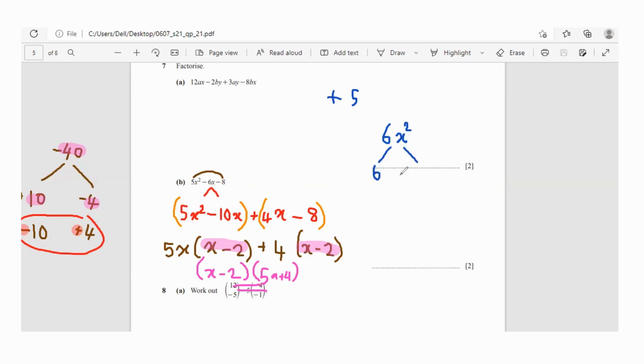That is 6 times 1, where 6 plus minus 1 also makes 5, and 3 times 2, where 3 plus 2 is also 5. So sometimes you will have two sets like this. You have to look at the question and see which one exactly you need to choose. This is where the student should be very careful. After you find the factors here, then it's an easy go. It's not that hard. 2 marks, it's a piece of cake.